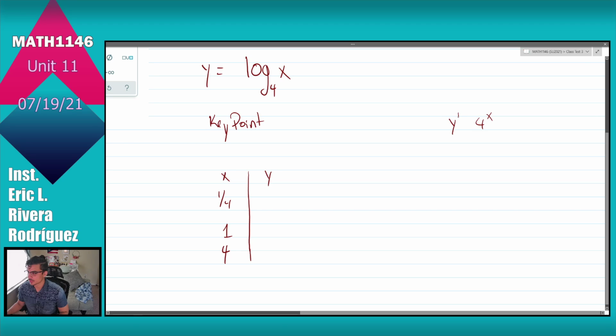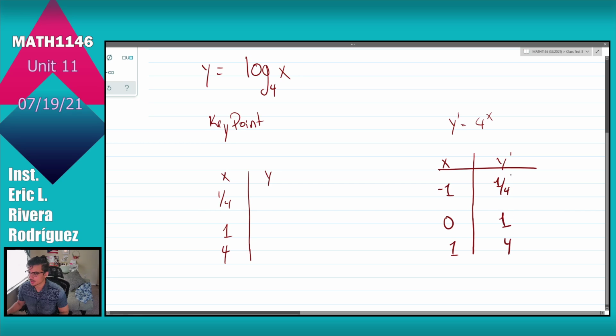Let me use y prime here as the inverse operation of the parent function. This is an exponential function. To get the key points of the exponential function, we use x as -1, 0, and +1. And then we get the values of 1 over 4, 1, and 4.